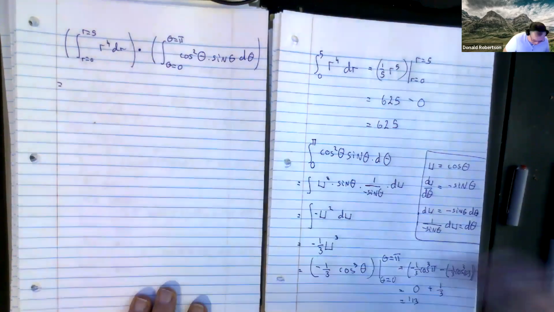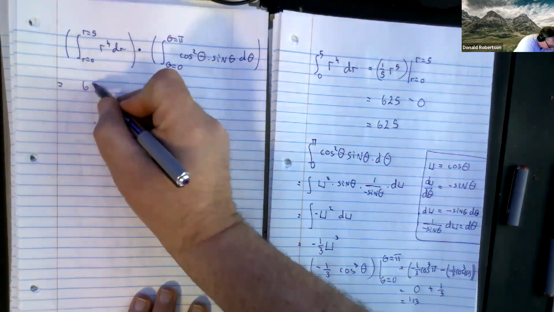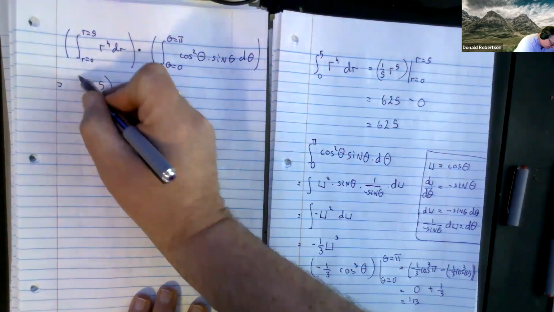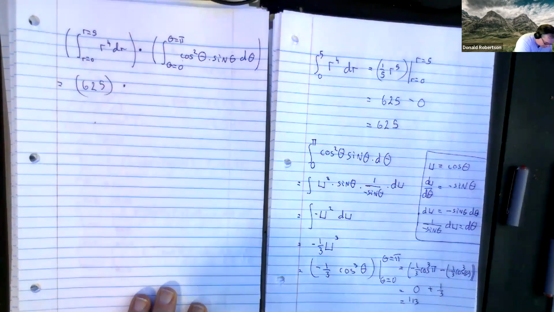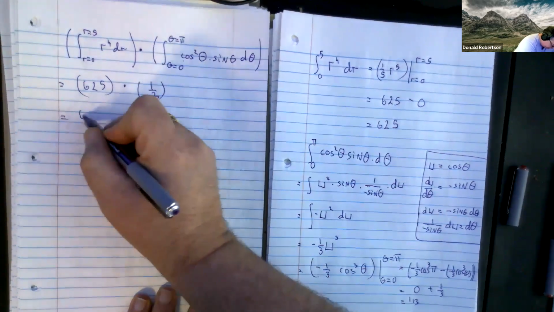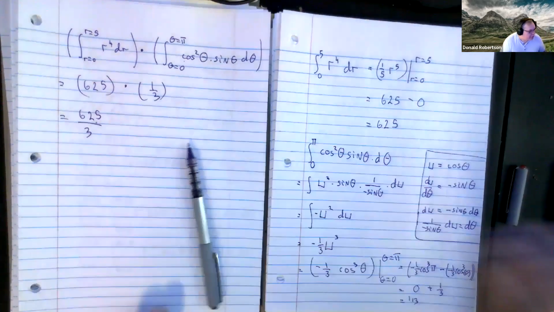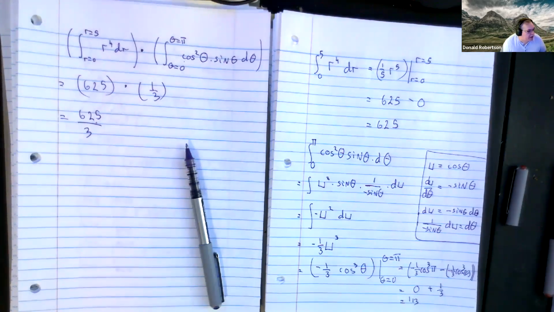So our answer is going to be this fella, 625, times the area of this fella, which ends up just being 1/3. And so that's 625 thirds. And I'm now going to go over and check my answer.